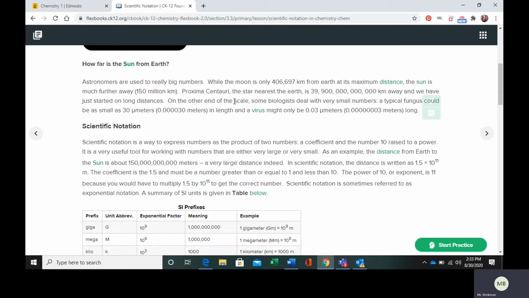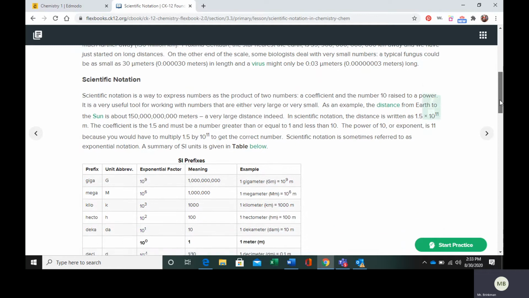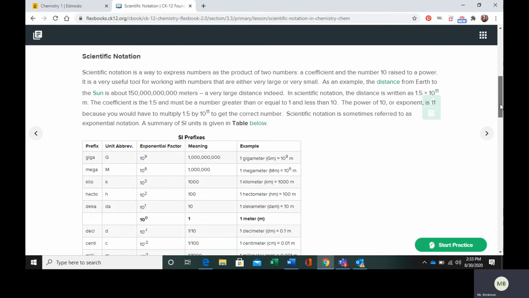On the other side, we have biologists that might deal with very small organisms that are going to be to the decimal place of meters and that. So this is why we have scientific notation, because it makes it easier to write these large distances or very small measurements.